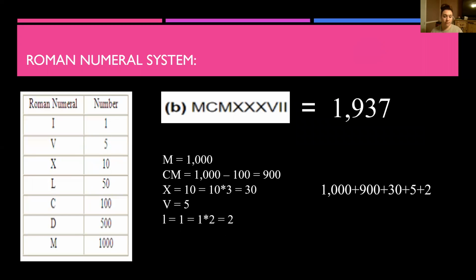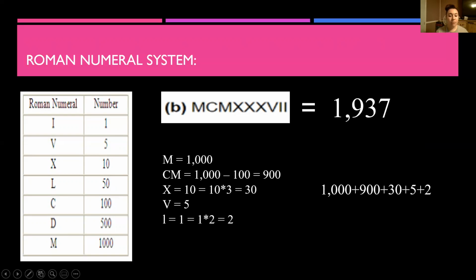Now, we have our Roman numeral system, which you may or may not have heard of, but it's using letters as numbers. So we have MCMXXXVII, or VII, my bad, VII. Okay, so now our M equals 1,000, so we'll do 1,000.